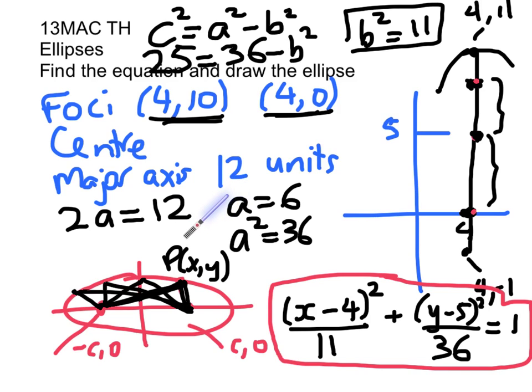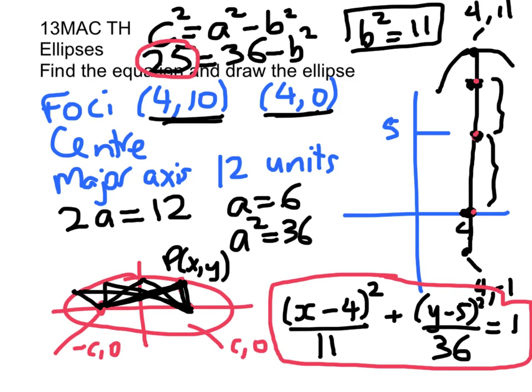Oh, no, I can't. Okay, major axis is 12 units, so half of that is 6, right? And that's what lets me figure out that a squared will be 36. The 11 is just the difference between the 36 and the focus distance, right? So you're probably wondering, some of you, where this 25 came from for the foci.